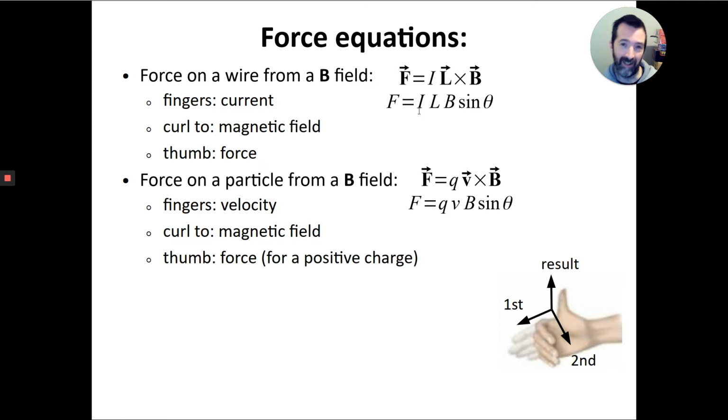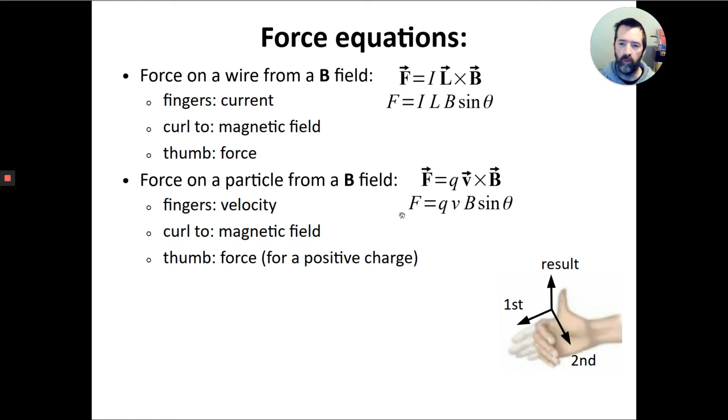Current technically is not a vector for kind of esoteric reasons, but you'll be fine for this purpose if you just think of the current as being a vector. So the direction of the current is what you would do with your entire hand. That's the first vector. And then the second vector is the magnetic field, so whichever way the field points, you need to twist your wrist around to find that. And then again, your thumb will be the answer.